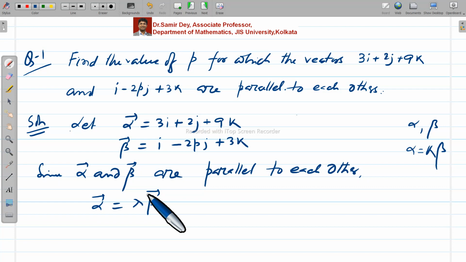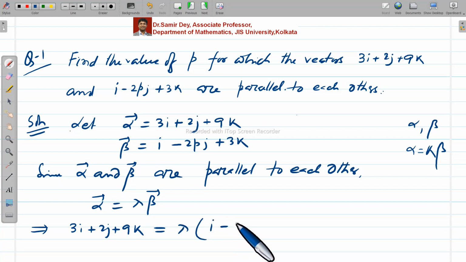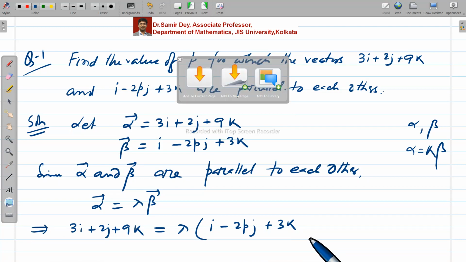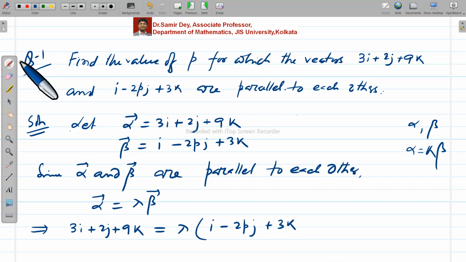Is it clear? So from here you may write 3i plus 2j plus 9k is equal to lambda times (i minus 2pj plus 3k). Clear? Now we want to compare.